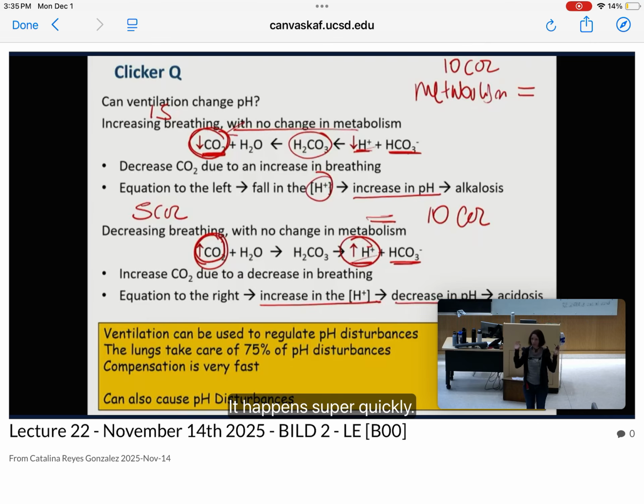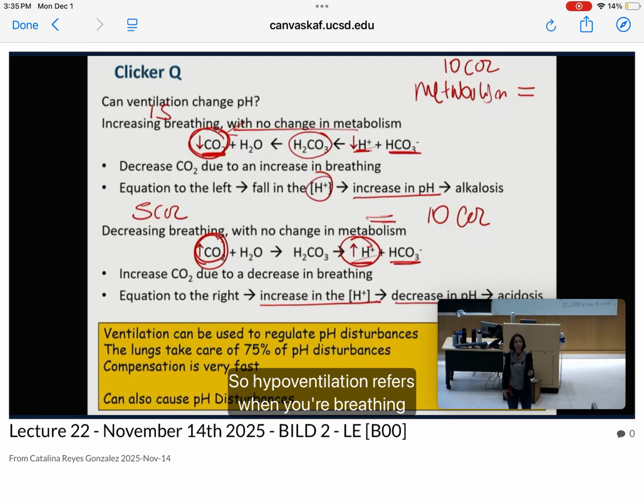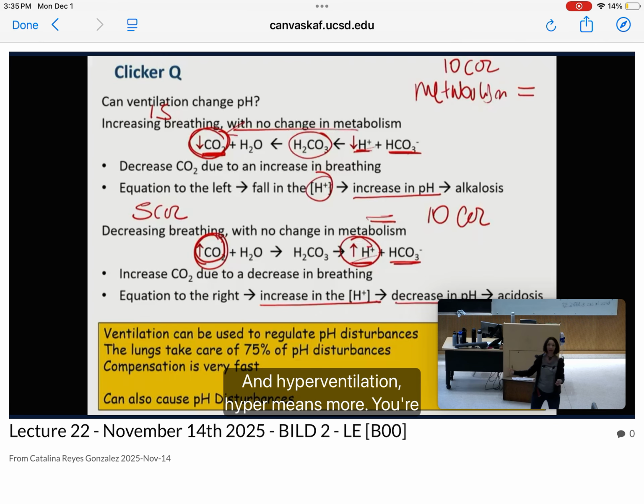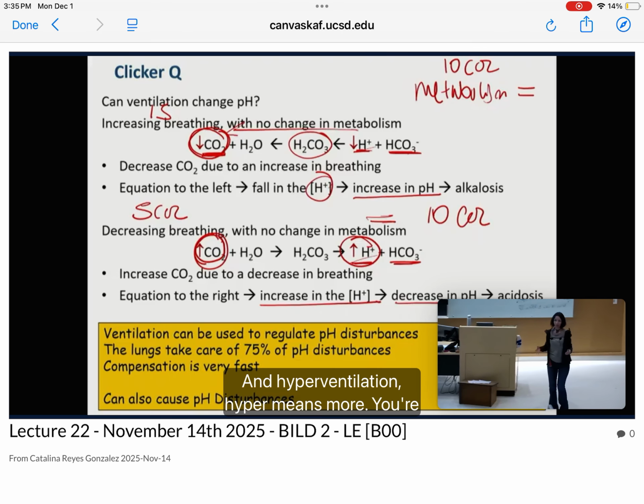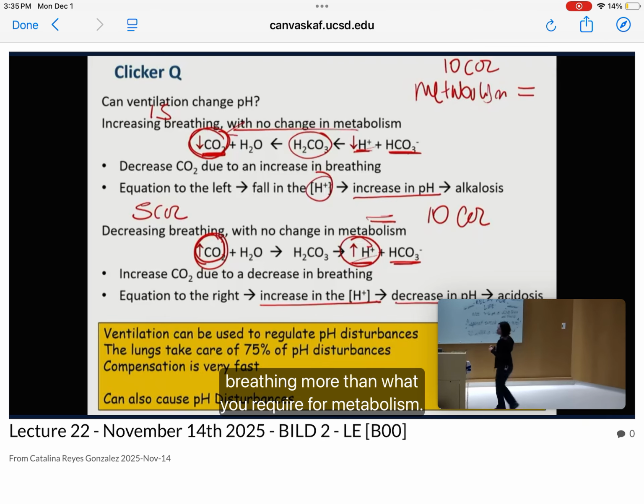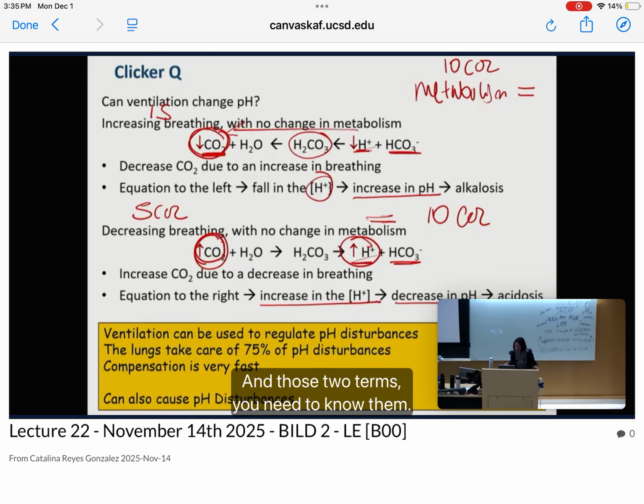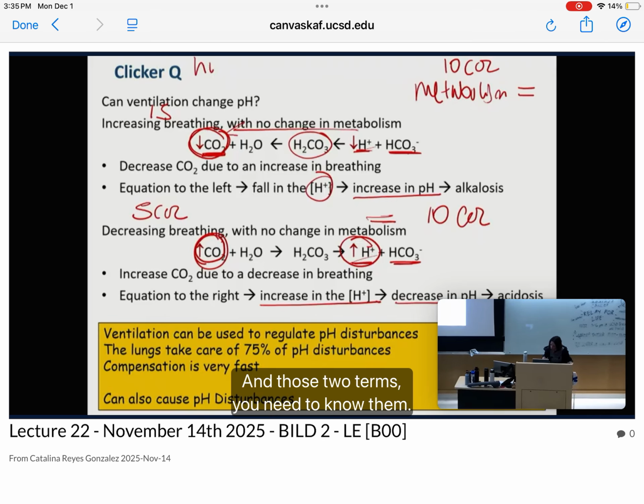It happens super quickly. But keep in mind, it can also cause it. So hypoventilation refers to when you're breathing less than what you require for metabolism, and hyperventilation, hyper means more, you're breathing more than what you require for metabolism. And those two terms, you need to know them.